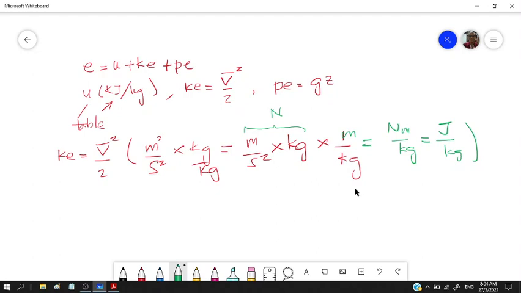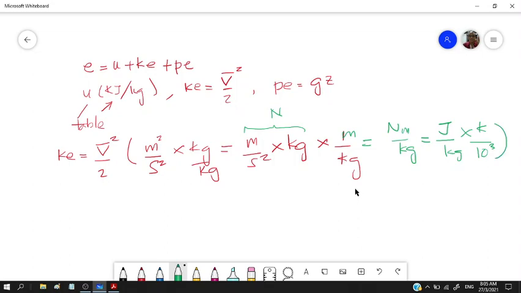We could not just add up in U, so we have to convert this unit to kilojoule over kilogram. So what we do, we multiply this by K, and we know that 1K is equal to 1000.